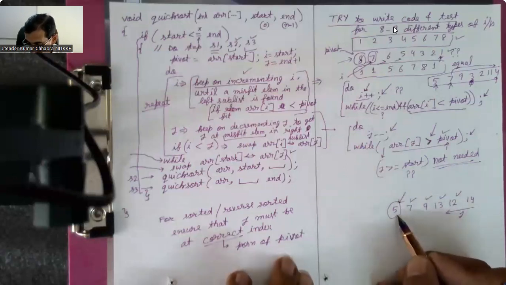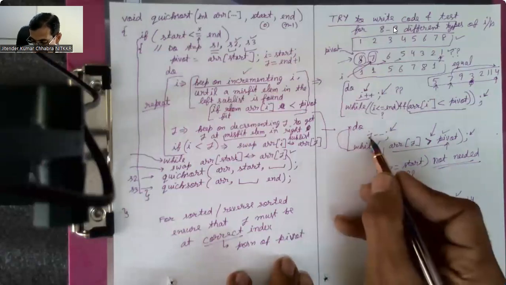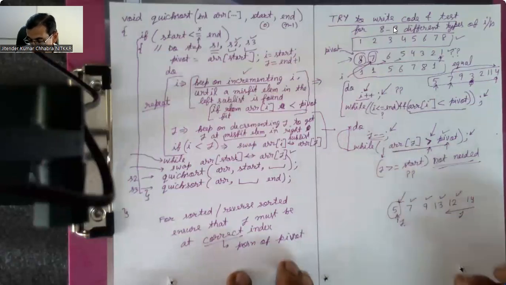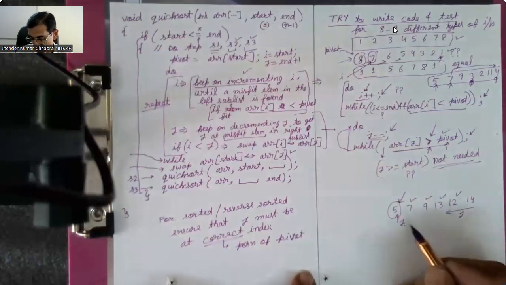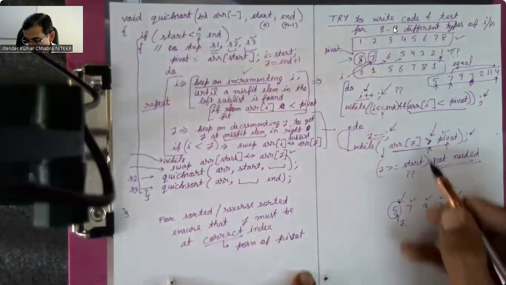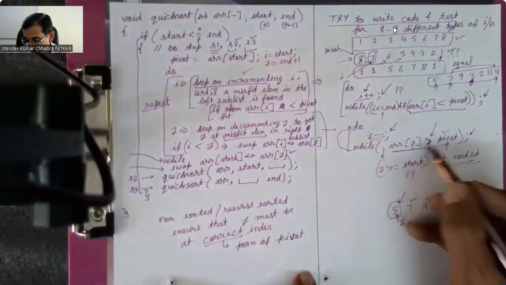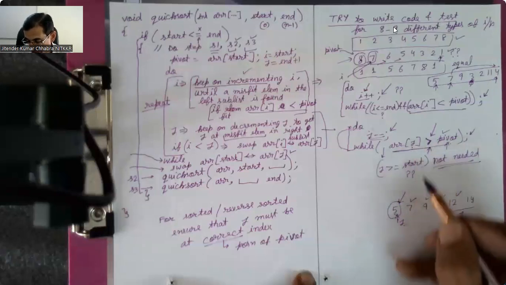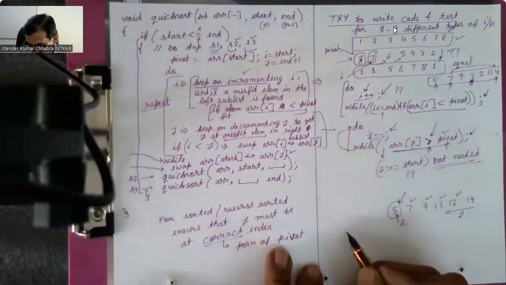Once you reach here, j has come here. J will be decremented. Now j has come here. This condition is guaranteedly going to be false, because once we reach to j at pivot position, start position, array j is 5 and 5 is guaranteedly not greater than 5 itself. So at this point, loop will guaranteedly terminate.